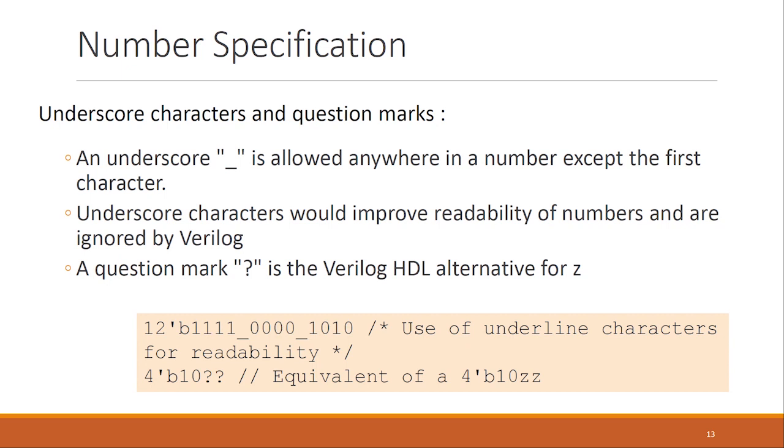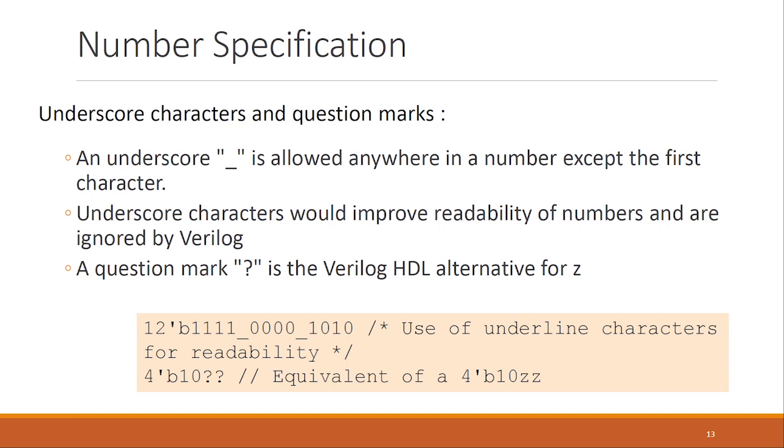So you can place an underscore inside a number except the first character. Underscore characters improve the readability of numbers, and these underscore characters are ignored by Verilog. If the number is a large one which contains a large number of digits, then we use this underscore sign to improve readability.